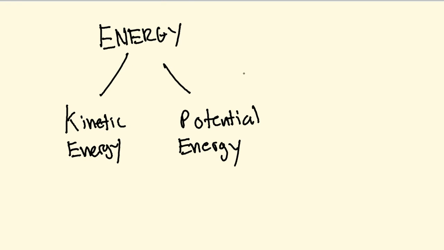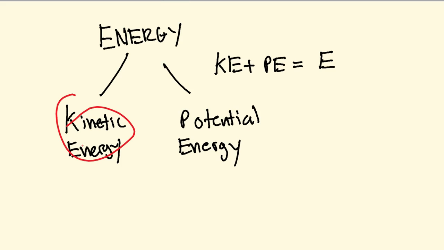And one main thing to know about energy is that the kinetic energy and the potential energy must equal the total energy. So let's talk about kinetic energy first. The kinetic energy is energy that is currently being used, as opposed to potential energy, which is energy that could happen.